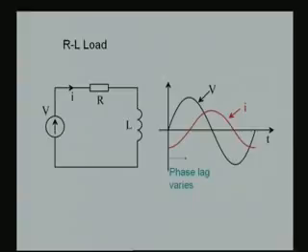However, the phase lag is variable, that is, when R is 0, you will have a phase lag of 90 degrees, meaning the current will lag the voltage by 90 degrees, and as R increases, the phase lag starts decreasing. Ultimately, when R goes towards infinity, L becomes very small compared to R, and then it will start going to a 0 phase lag situation, like in the case of a pure resistive load.